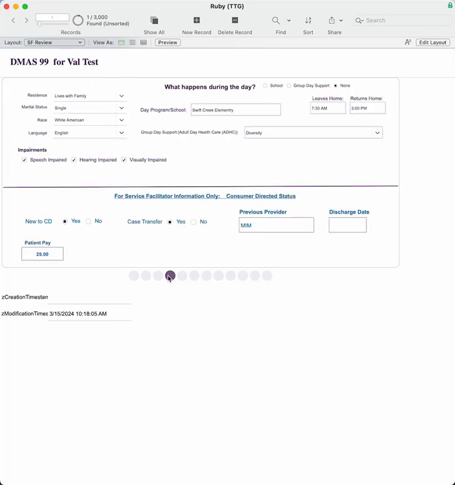We'll go to the next screen. Again, complete everything. Just a word, residence, marital status, race, language, all of that is required under a level of care review that is reported annually to DMAS. We don't have to do those anymore. Centra is doing them for HIP and DMAS clients or straight Medicaid clients.